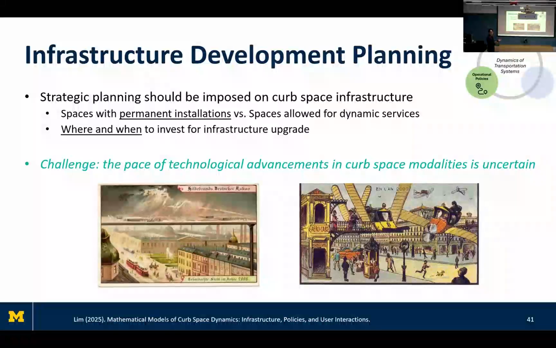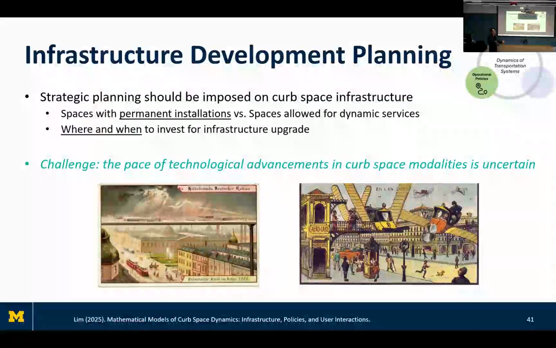And so obviously the challenge is we don't know about the future demand, and the pace of these technological advancements that bring these demand changes are uncertain. Here is a picture of how people decades ago envisioned the transportation system of the year 2000 would be. Some are true now, some are still not true.